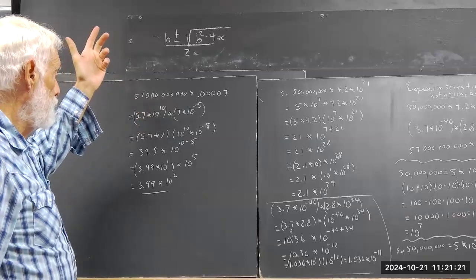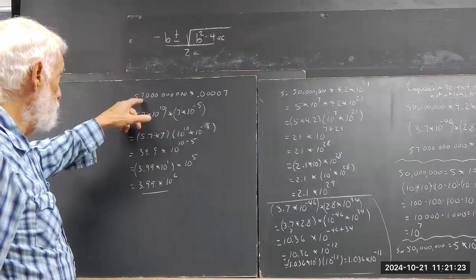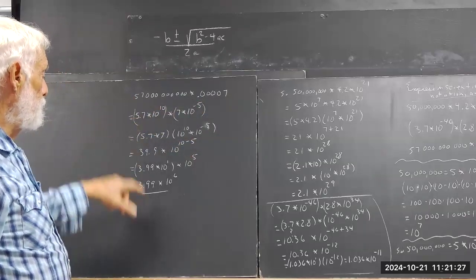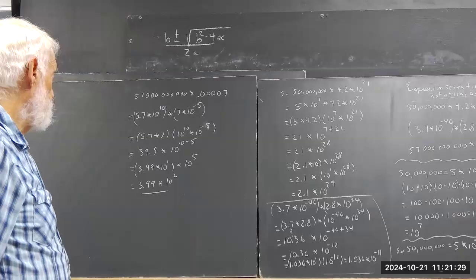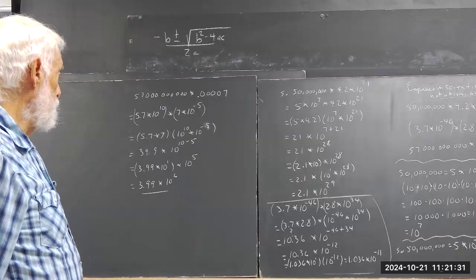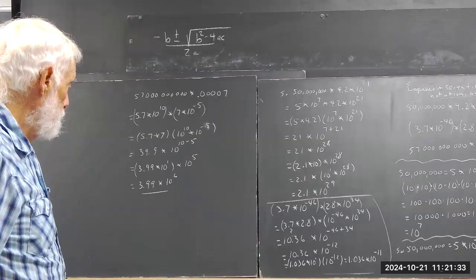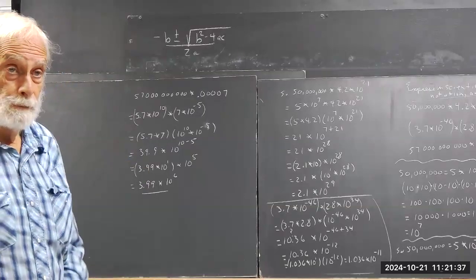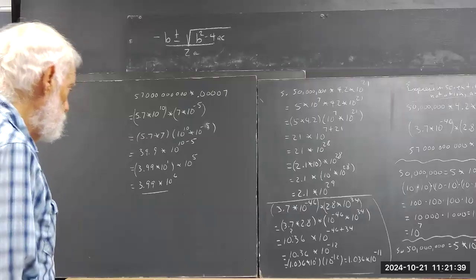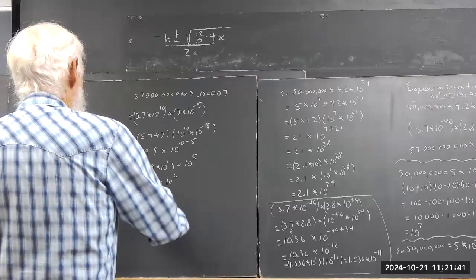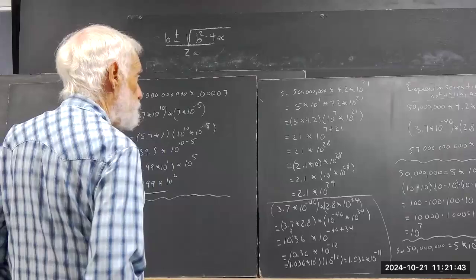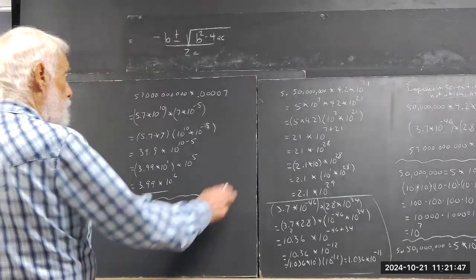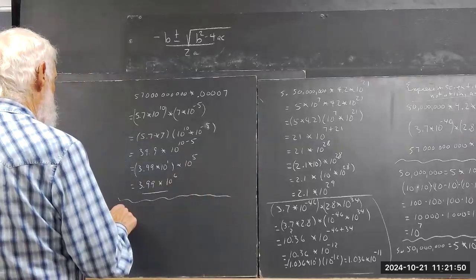That's 10 minus, yeah, that leaves me 10 to the 5th. And then 7 times 5.7. I'm saying it's 3.99. I'm pretty sure of that. But still, there's always a question mark when I do arithmetic in my head. Okay, so first result.